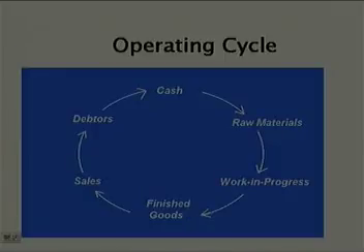But since this cycle takes time, a company needs to have a certain amount of money, known as working capital, in order to operate its business. So, that is why any company requires working capital.